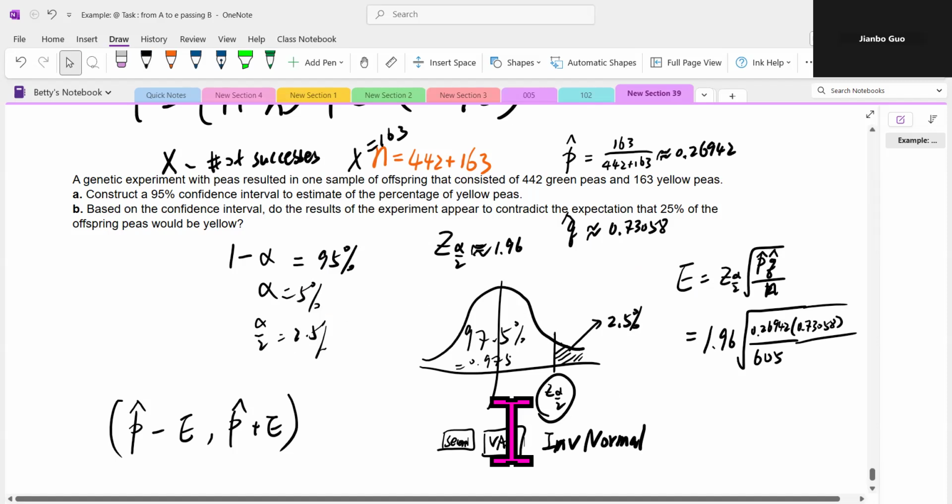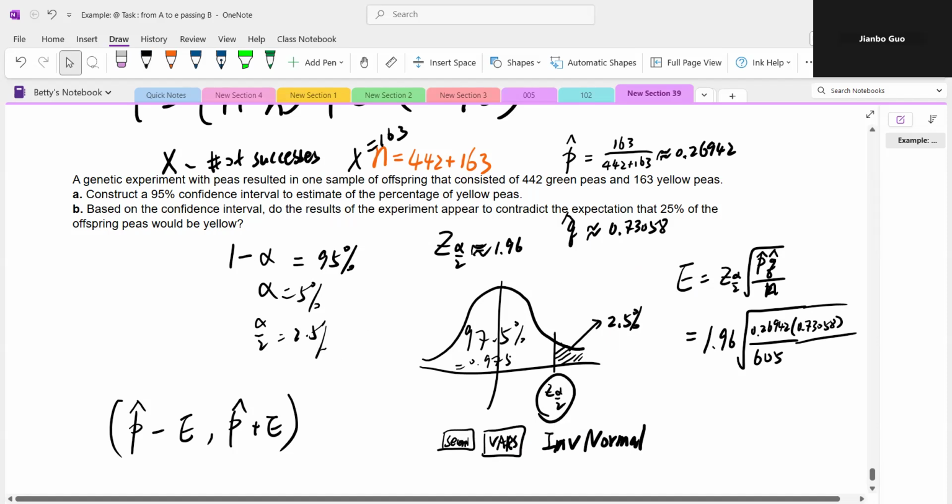So I actually just showed you how we find the critical value by using the given confidence level. It is an important process. Start by making 1 minus alpha the confidence level, and then solve for alpha. If 1 minus alpha is 95%, alpha is 5%. Half of alpha is 2.5%.